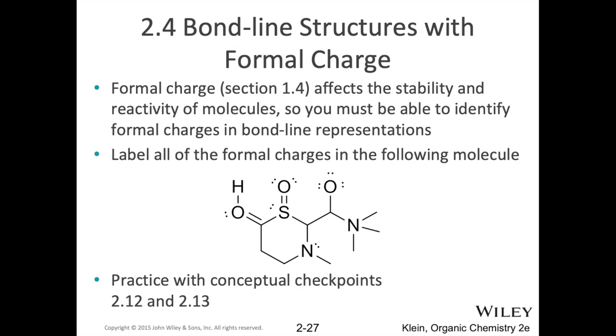In other words, the number of valence electrons that your periodic table tells you it ought to have. For example, oxygen is in group 16 or 6A, and so it has 6 valence electrons.